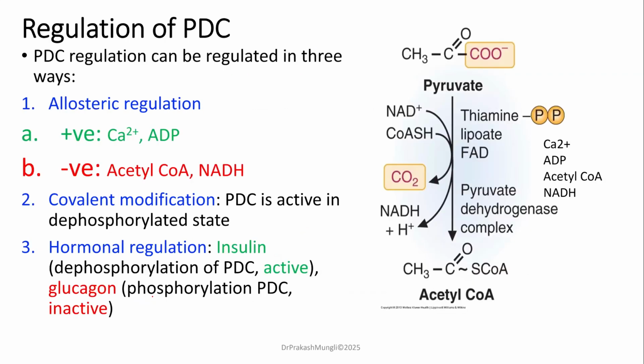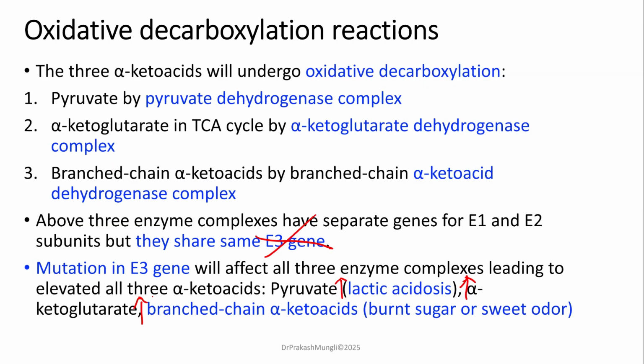Coming to the regulation. Alpha ketoglutarate is an alpha keto acid. It's an acid molecule. So overall, because of all three of them, the patient will have metabolic acidosis.